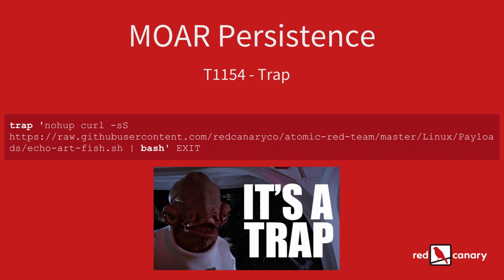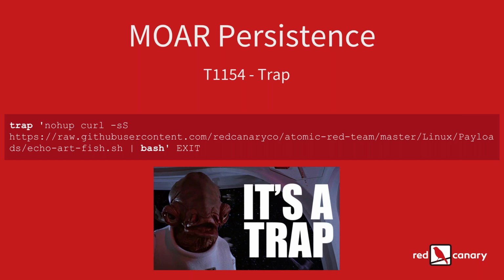So what trap does is it creates like a bear trap. It says, hey, I want you to run this command whenever the following interrupt condition happens. In this case, we're looking for the exit interrupt condition. So you can put this curl in there. What this is doing is pulling down a shell script from the Atomic Red Team GitHub, and then echoing it to bash to execute it.